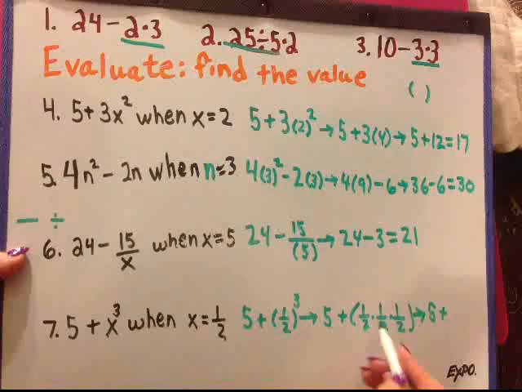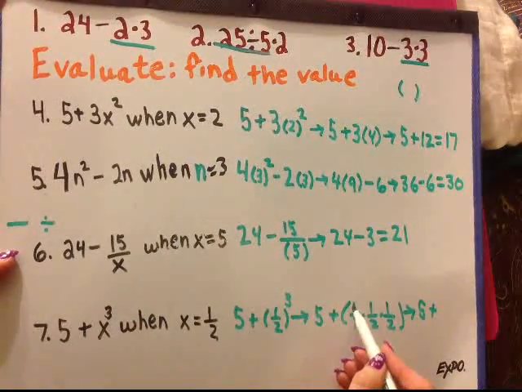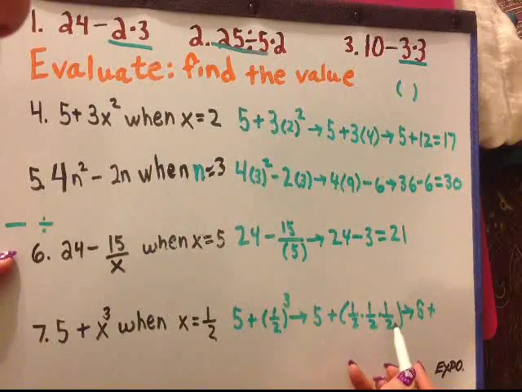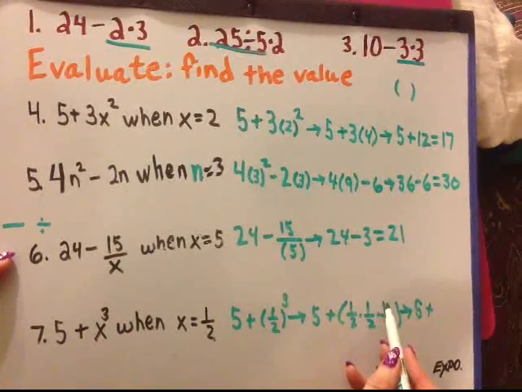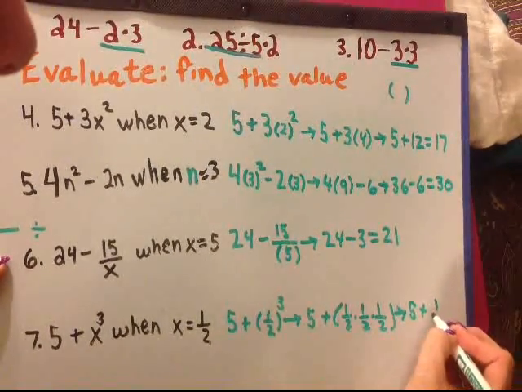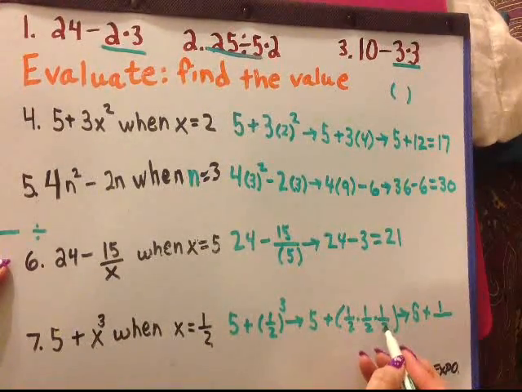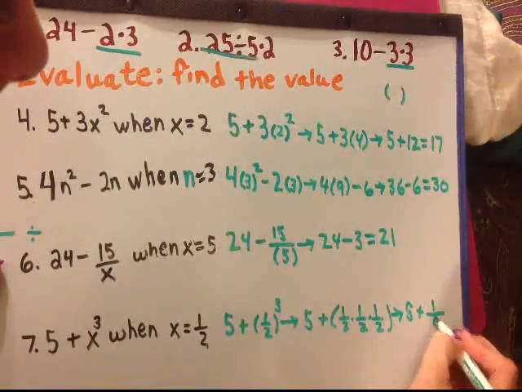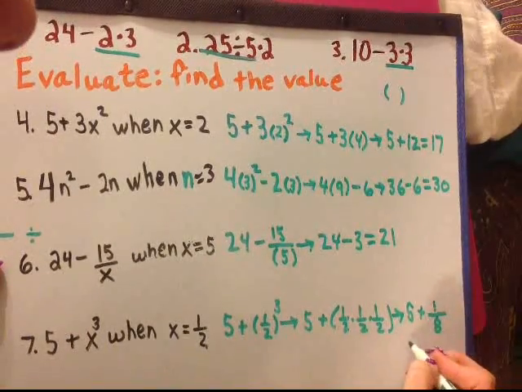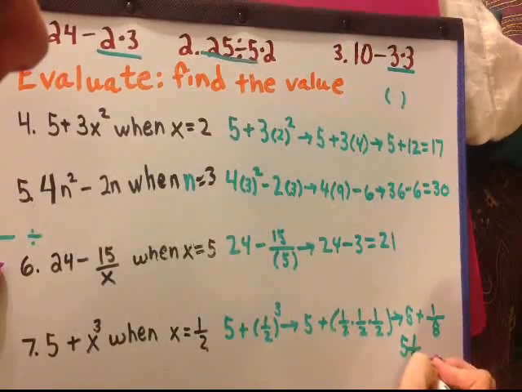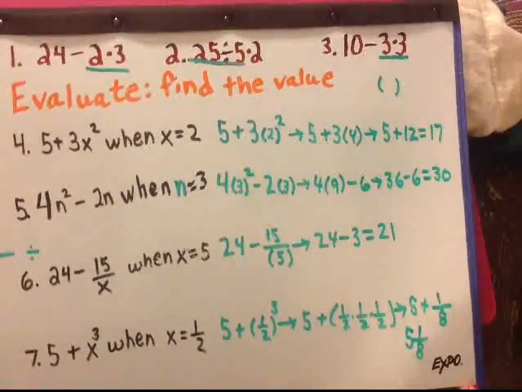Now remember, you multiply numerators together, and then you multiply denominators. So 1 times 1 times 1 is 1. 2 times 2 is 4, times 2 is 8. And 5 plus 1/8 is 5 and 1/8.